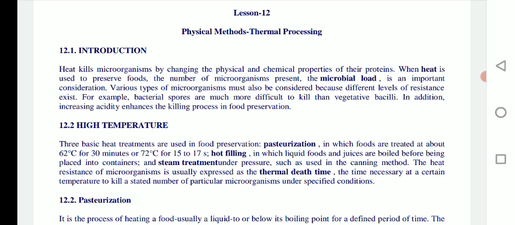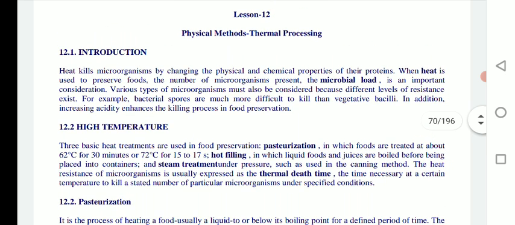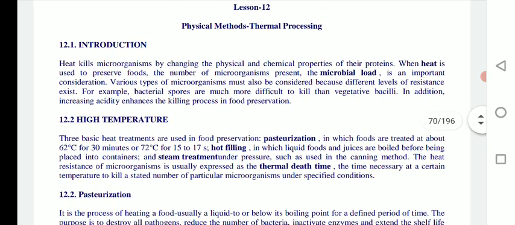We know that heat treatment we usually employ for sterilization in case of microbes. If we want complete removal of microbes, then we use heat as well as steam under pressure. This type of sterilization is very effective as far as the other means are concerned.